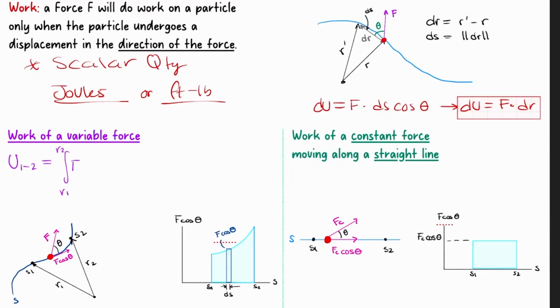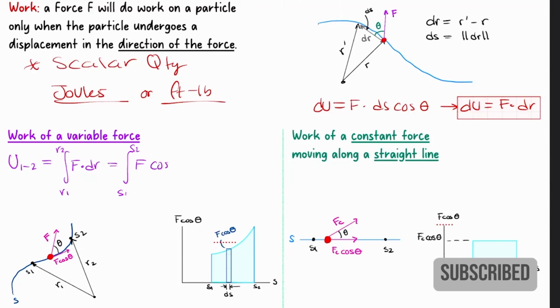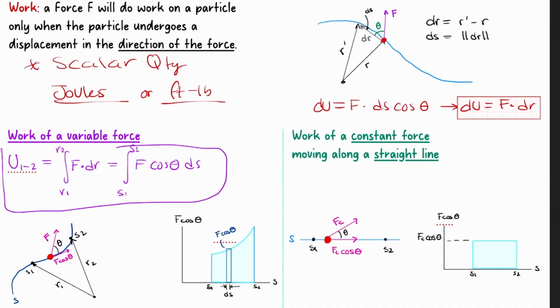That's the position, of F dr. Or if you have it in other terms, for example, just regular positions, s1, s2, the position at state 1 and the position at state 2, the work is equal to the integral of force times the cosine of theta ds, with position. Both of them are the same formula. It's just that one is in vector form when we use r, and the other one uses the s term when we just do linear position, right?